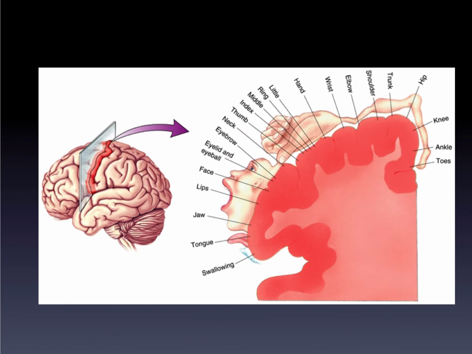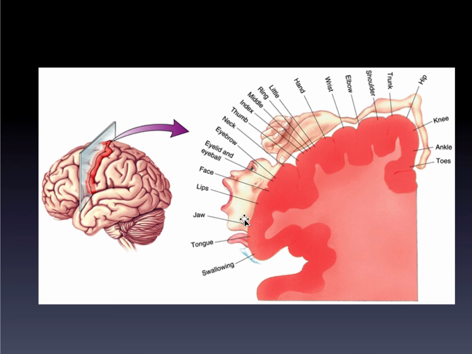Now, there is a motor map, a somatotopic motor map, so not a sensory map, but a motor map, and it's located in each of these areas. This is the one depicted in area 4, in M1 of the primary motor cortex.